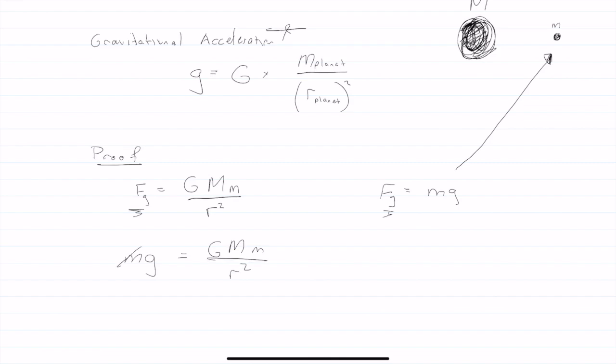The m's cancel, and I'm left with the equation I wanted, which is g is equal to my gravitational constant times the mass, where big M was the mass of my planet, r was the radius of my planet, all squared.